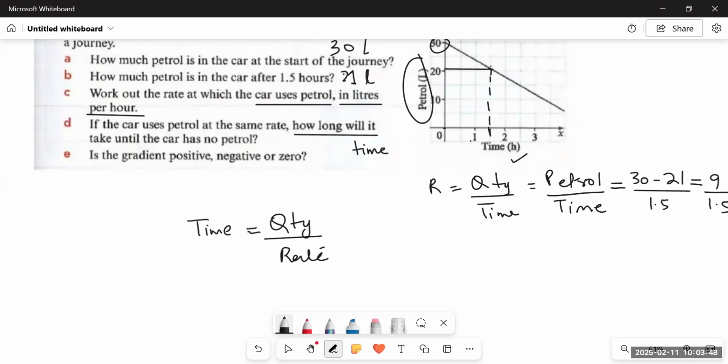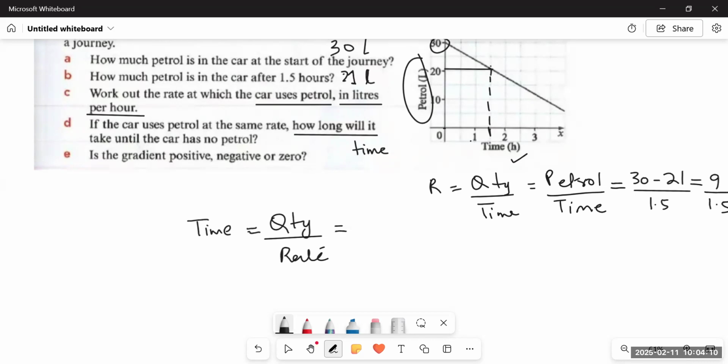And we have already discussed in part A how much petrol was there in the car at the start of the journey. If there is 30 liters of petrol in the car and the car is using 6 liters in 1 hour, it means it will take 5 hours to finish the petrol in the car. So what quantity are we going to take?